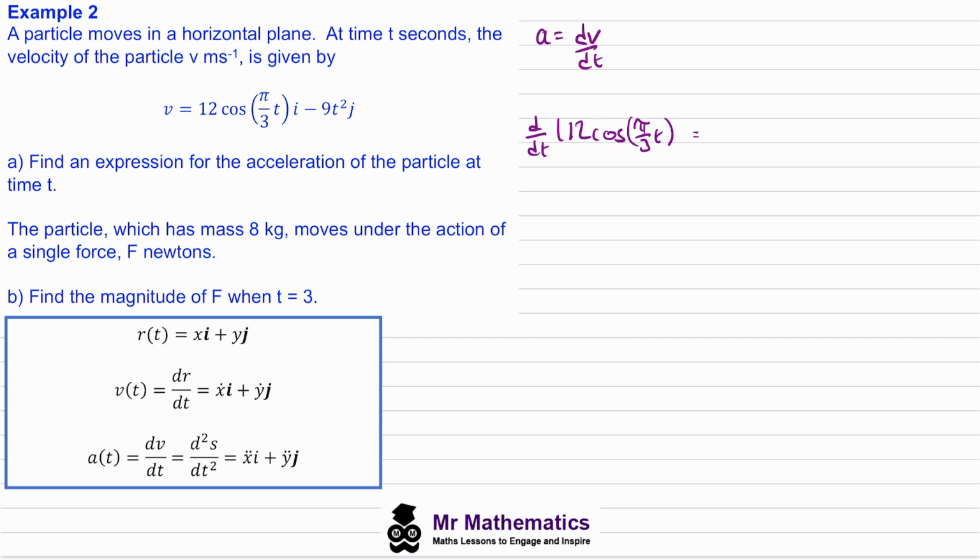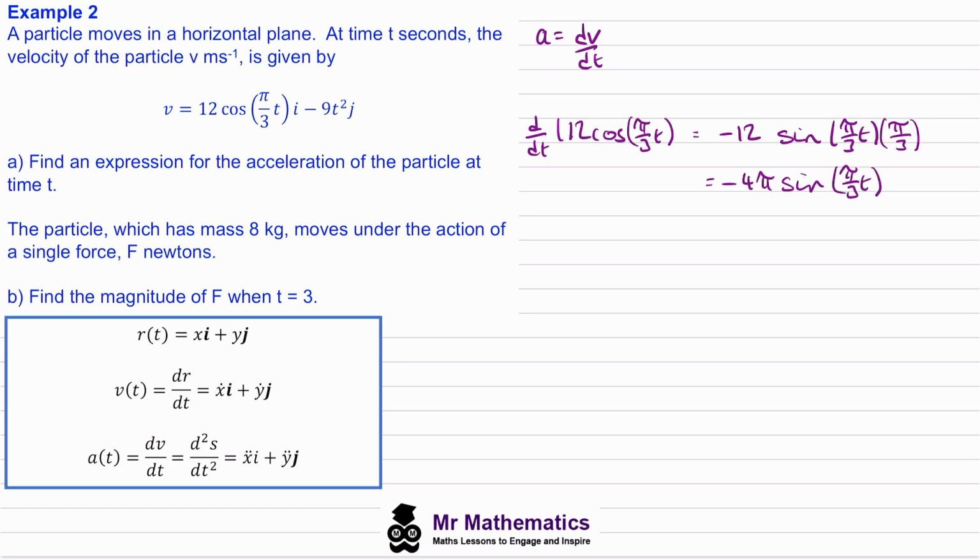So this will be negative 12 times the sine of pi over 3 times t, multiplied by the derivative of this inner function, which is pi over 3. So we can tidy this up then as negative 12 over 3, which will give us negative 4 pi times the sine of pi over 3 t.